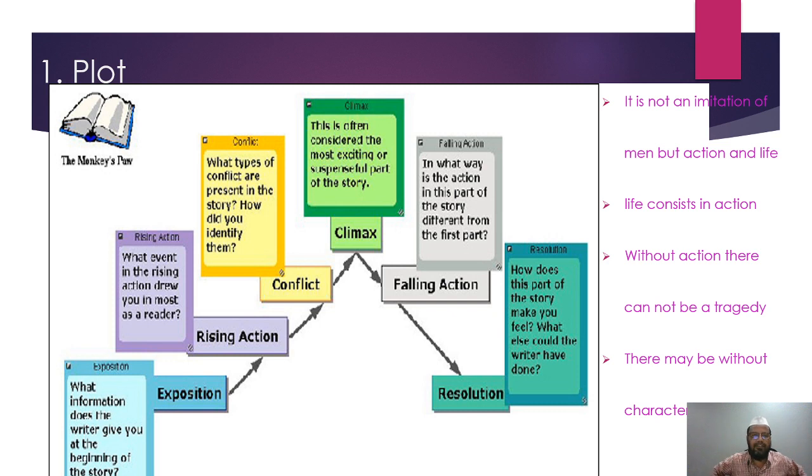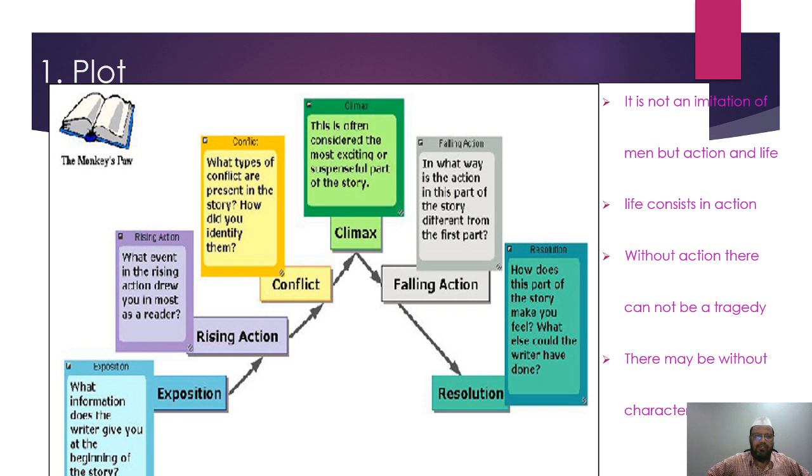The first one is exposition, second one is rising action, third one conflict, fourth one climax, fifth one is falling action, and sixth one is resolution. Exposition is the first subcomponent of plot.